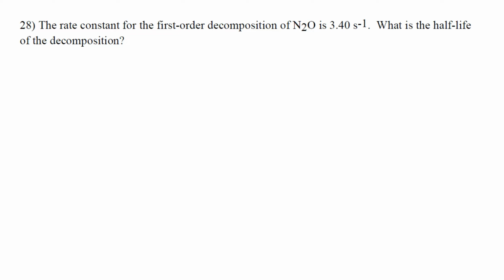Well, this is where you just have to remember the equation for a half-life for first order reaction. And thankfully, half-life for first order reaction is 0.693 over k. And this is probably where you're thinking there has to be something that makes this harder, but there isn't.